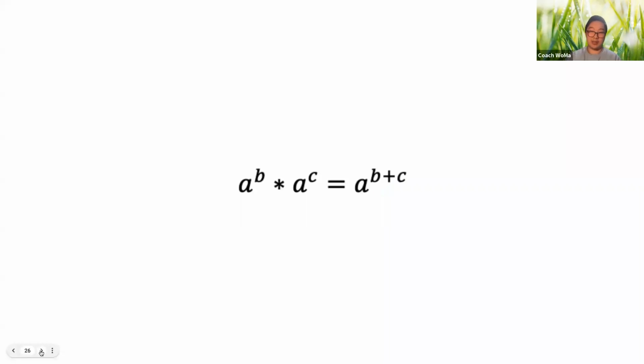So this is, like we said before, where the exponents add. So a to the b times a to the c equals a to the b plus c. Cool. All right, let's go to the next one. What if you have a to the b divided by a to the c?